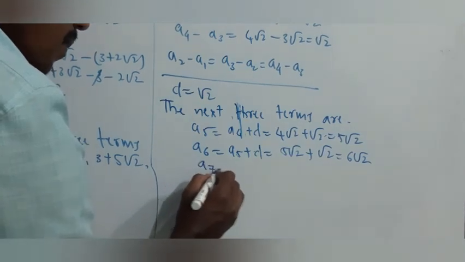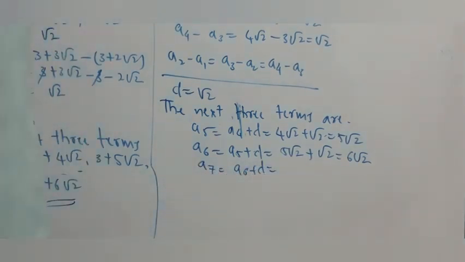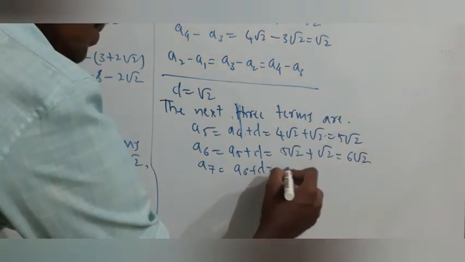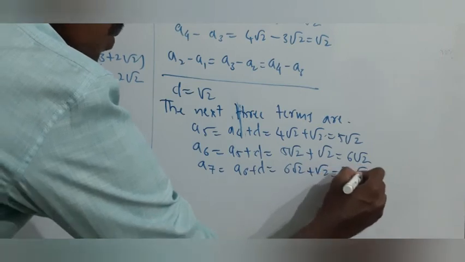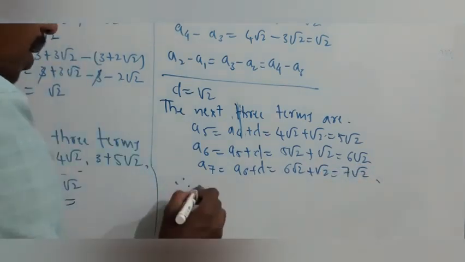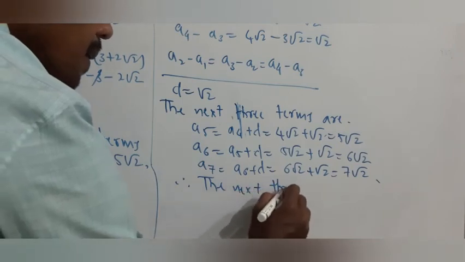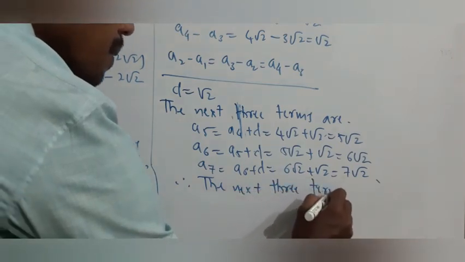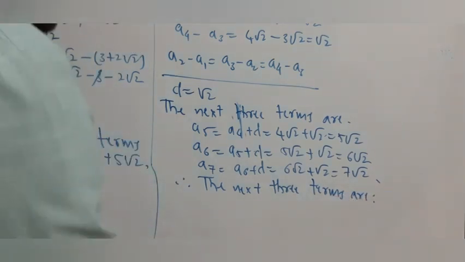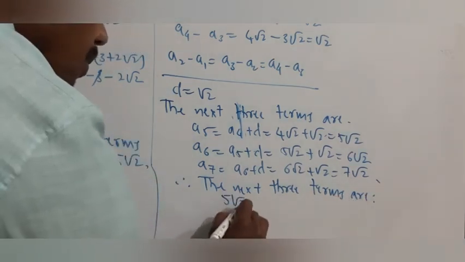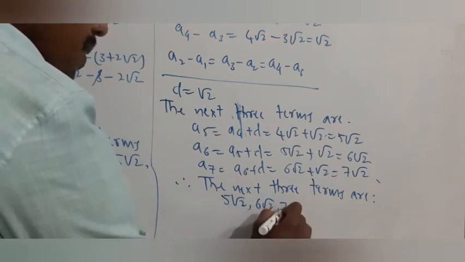Again, A7 will be equal to A6 plus D, that is 6 root 2 plus root 2, that is equal to 7 root 2. Therefore, the next 3 terms are 5 root 2, 6 root 2, 7 root 2.